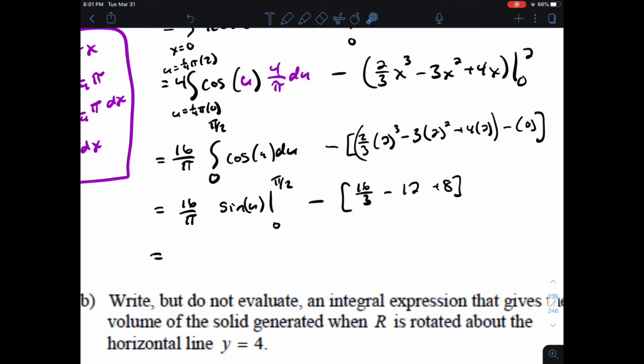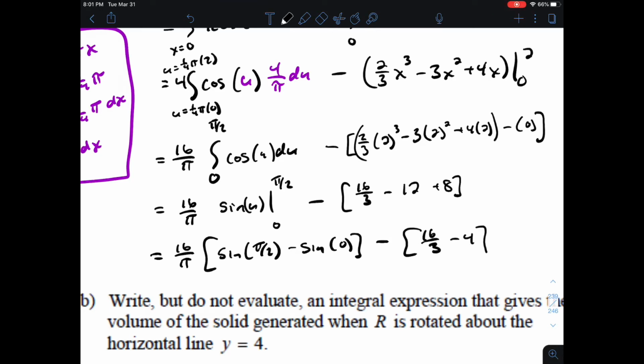If we substitute in here with pi over 2 in for the u, we're going to have 16 over pi times sine of pi over 2 minus sine of 0. And then over yonder, I'm going to have 16 over 3, a minus 12, and a plus 8 is a minus 4.